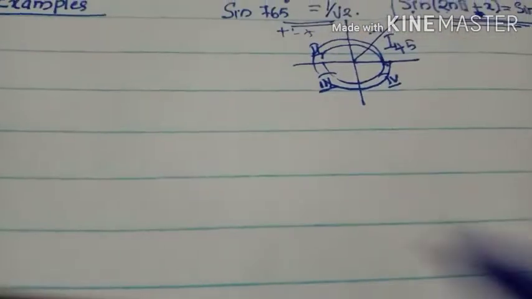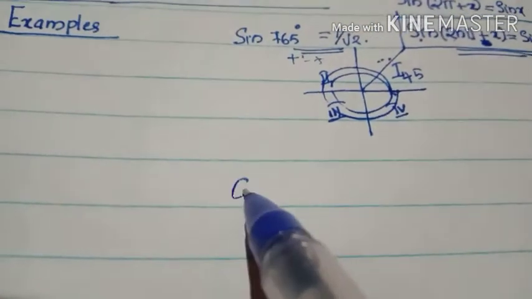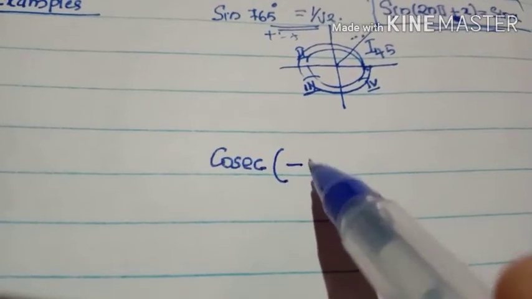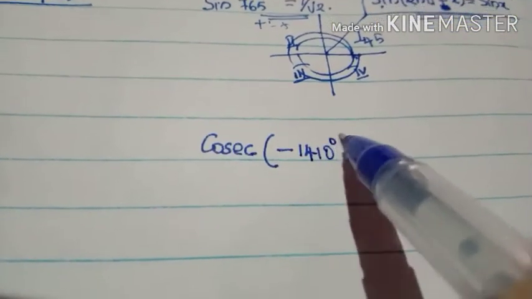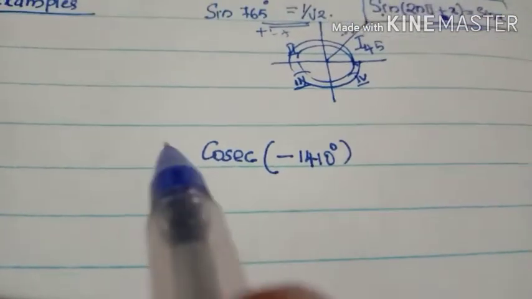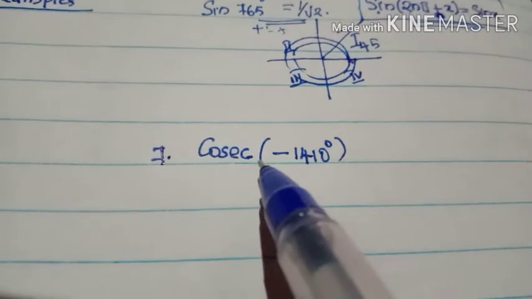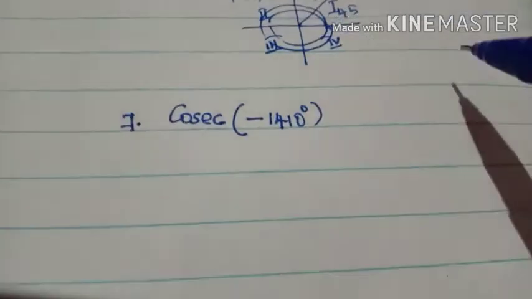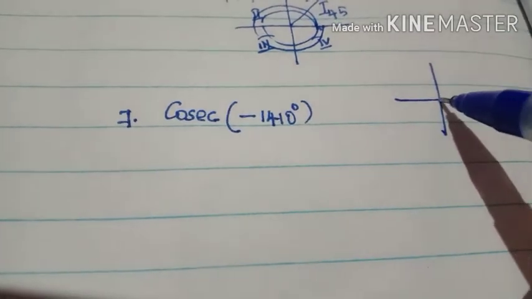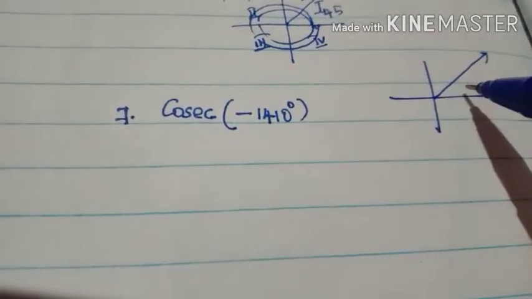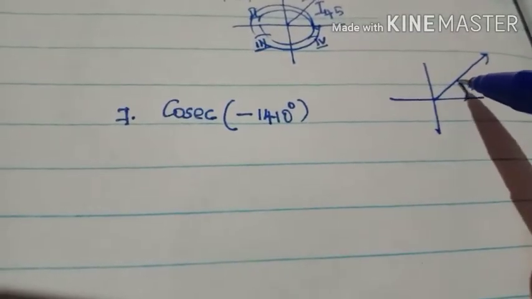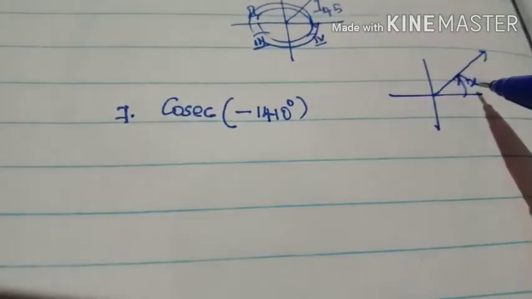Now see another question. Find the value of cosec of negative 1410 degrees. This is exercise 3.2, question number 7. So it is a negative angle. Negative angle means suppose we have a plane and a line which makes an angle with the positive x-axis, measured in the anti-clockwise direction.